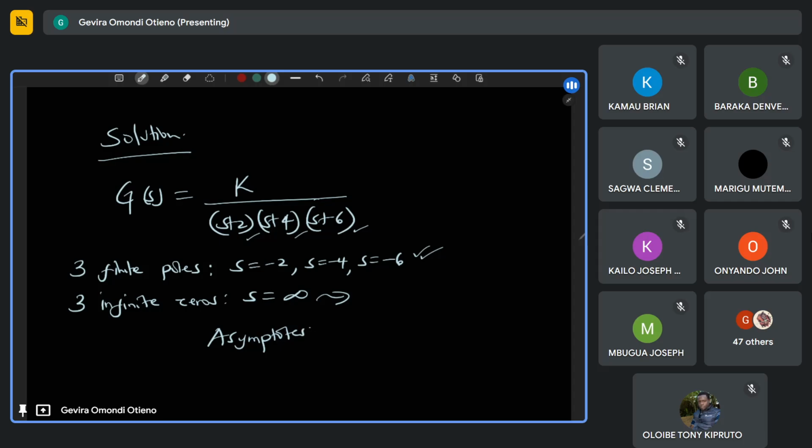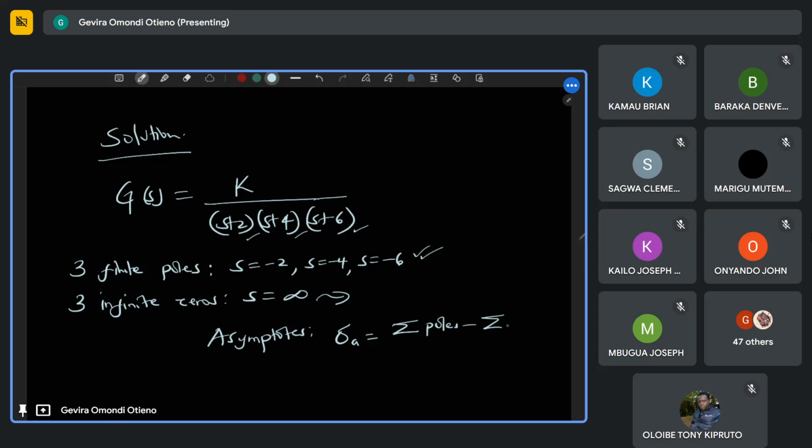So to obtain the asymptotes, we have to obtain the centroid, or what we are calling the real axis intercept, and we also have to obtain the angles associated with it. So the centroid, sigma A, remember, was the summation of the finite poles, not infinite. Please don't include infinite in this calculation.